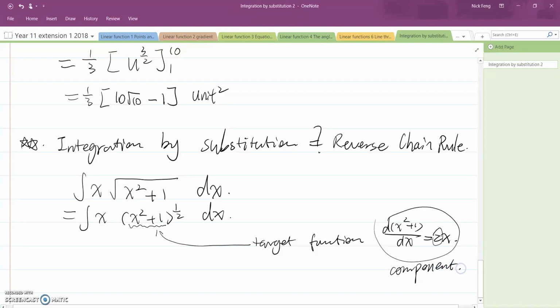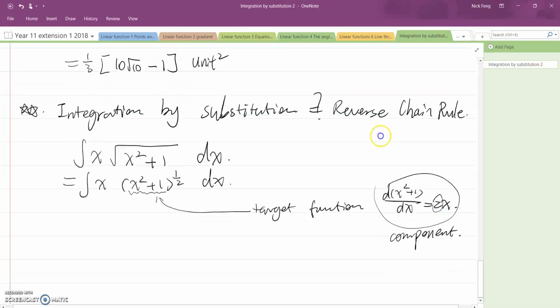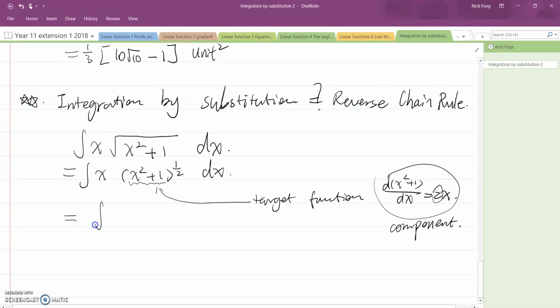Just like exactly what I mentioned before, as the derivative of a linear function in the very, very easy example. In this case, the derivative of this function is still the component, which means you need this derivative to perform integration. Therefore, I'll write the derivative there.